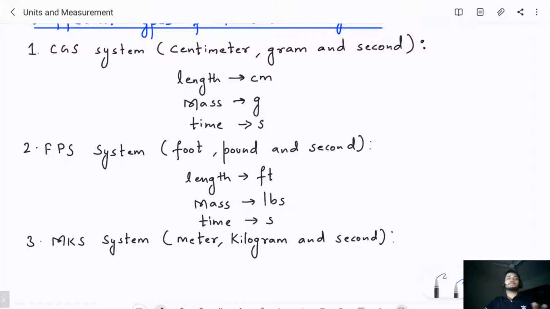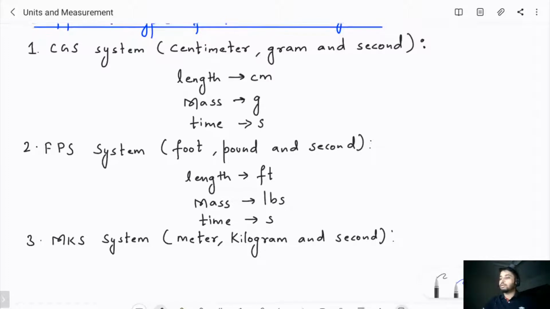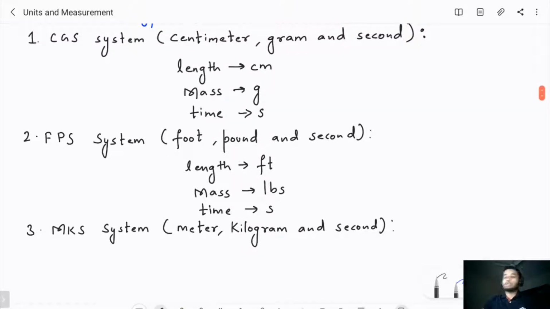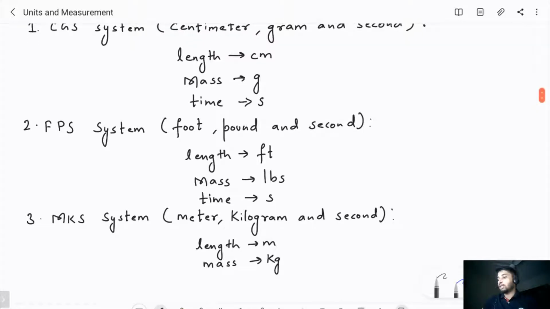In the MKS system, length is measured in meter, mass is measured in kilogram, and time is measured in second.